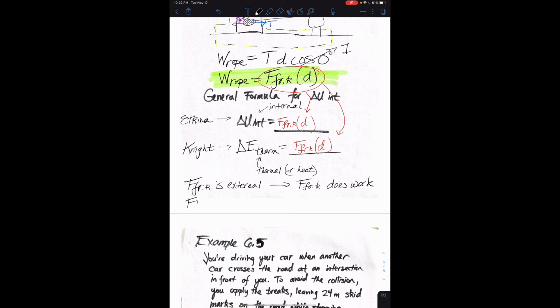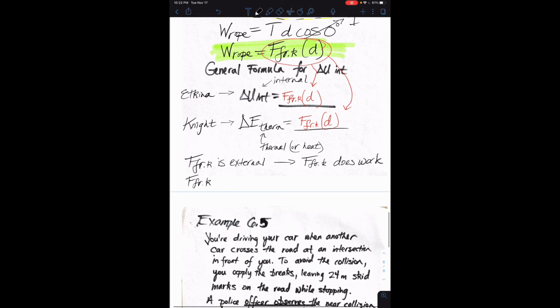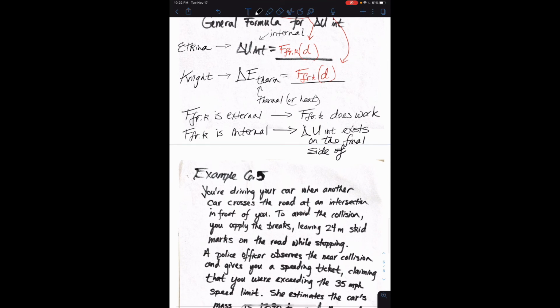Once again, you can't double dip, right? Force friction can't do both. If force friction is internal, then delta U internal exists on the final side of the conservation of energy.